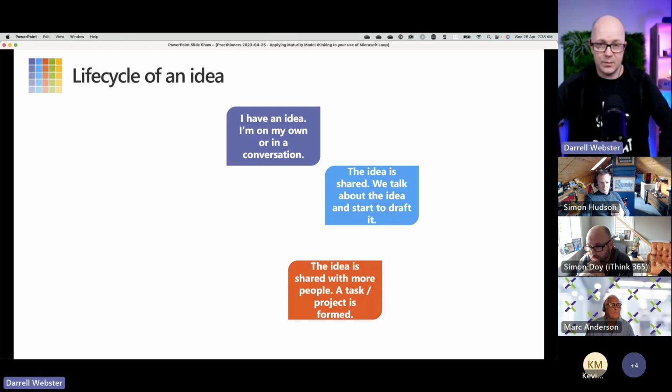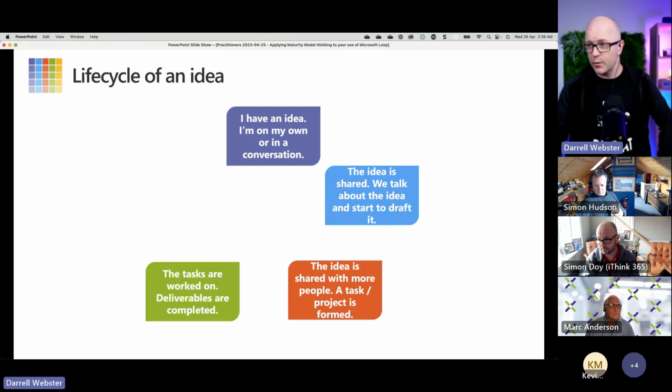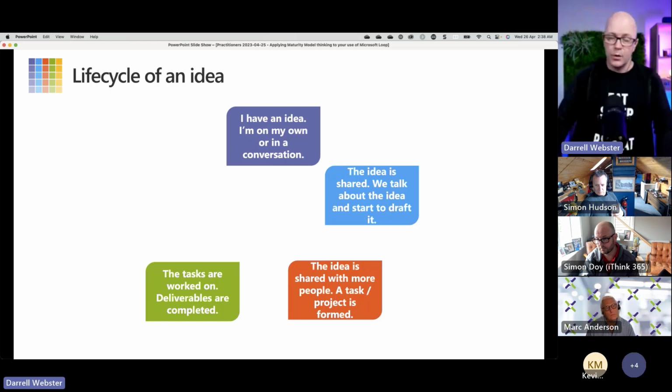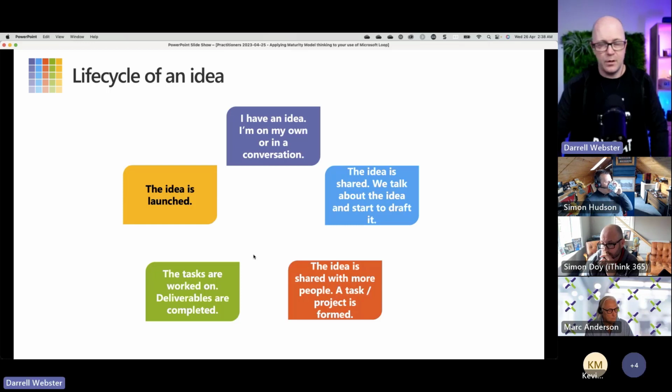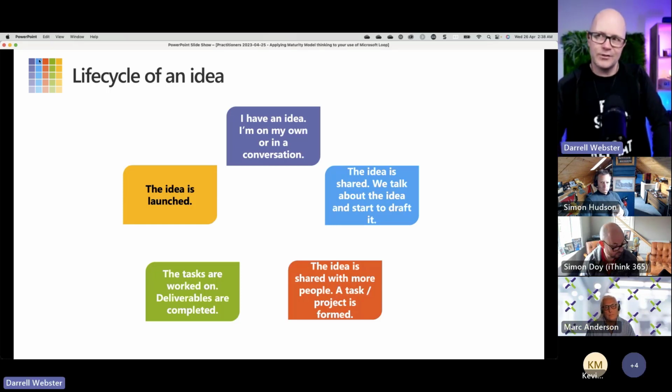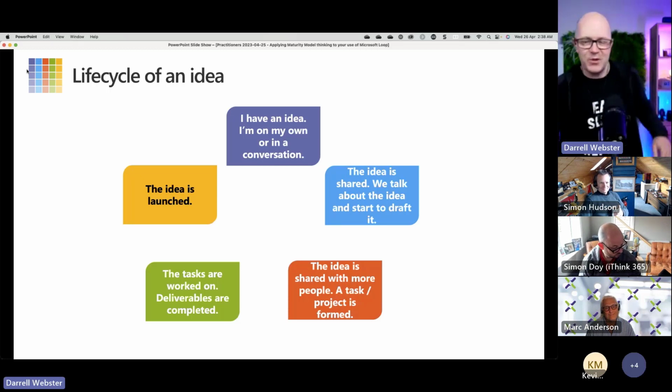We perhaps start to put some tasks around this idea, and maybe even a project starts to form. The tasks are worked on, deliverables are worked on too and completed, or they're still in progress, but the idea is really starting to grow and take fruition, and then the idea is launched. So that's my basic understanding of an idea. I did try to choose our colors too, just had to point that out.